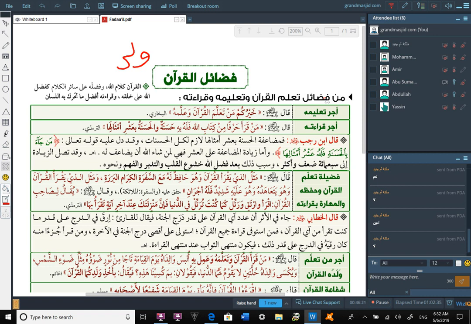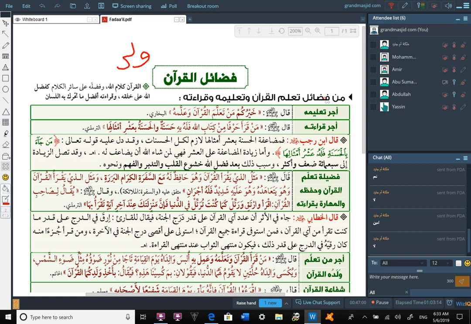So, man istawfa qira'ata jami' al-Quran, whoever comes with the recitation of all of the Quran, istawla ala aqsa daraj al-Jannah fil akhirah, then he will take control of Aqsa, like Masjid al-Aqsa, the farthest masjid. Masjid al-Aqsa is called the farthest masjid due to what's in the Quran in Surah Bani Israel, Surah al-Isra. He takes over the farthest daraj, the farthest level of Jannah in the hereafter.